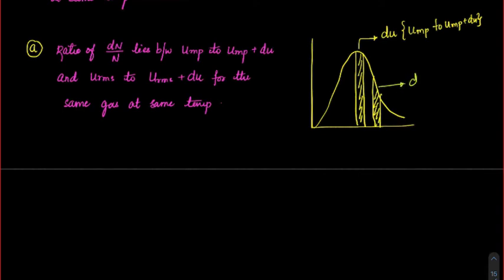We'll get this as du, which is between u_RMS to u_RMS plus du. Can you notice one thing? You can clearly see that this area is more than this area, which is pretty logical, that the fraction of particles having most probable speed would be more compared to the fraction of particles having RMS speed.